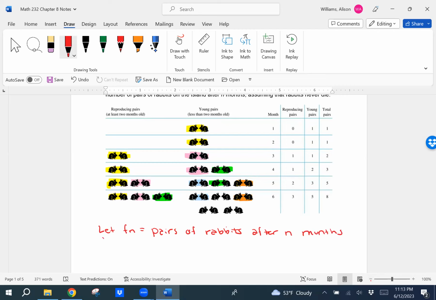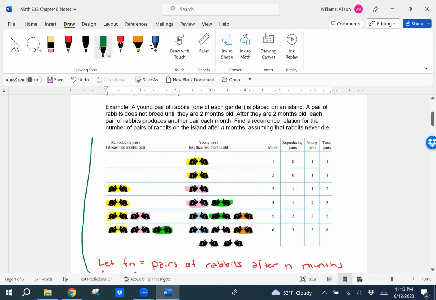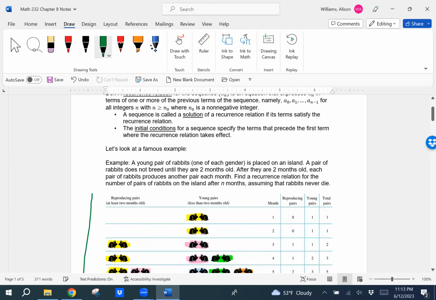So for us, f sub 1 is 1 and f sub 2 is also 1. This, by the way, is our initial conditions. That was the tie-up to the initial conditions. We have to start somewhere.